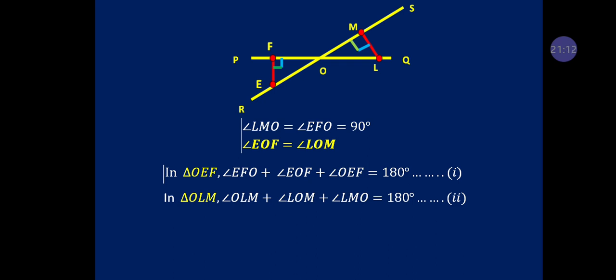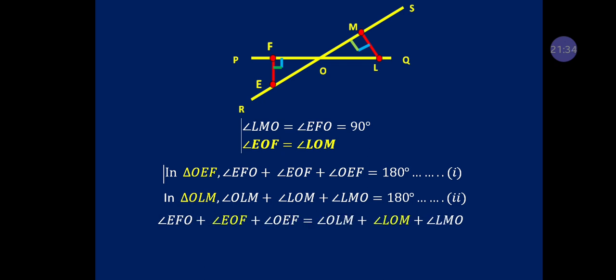As you can see in equation 1 and equation 2, they both are equal to 180 degrees. So the quantities on the left side must be equal, so let us put an equal sign between them. You can see EFO plus EOF plus OEF equals OLM plus LOM plus LMO.